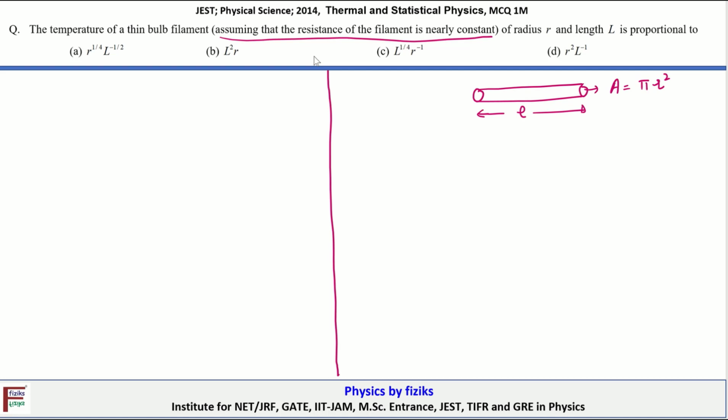So the resistance of this wire is equal to rho times its length divided by the cross section area, that is rho times the length of the wire divided by pi r square. Remember that r is the radius of the wire, or you can say the filament here.